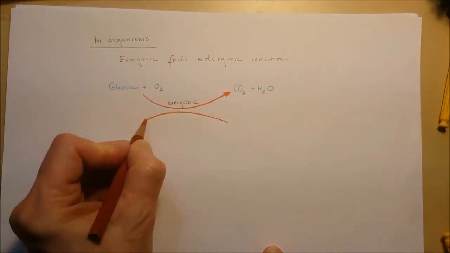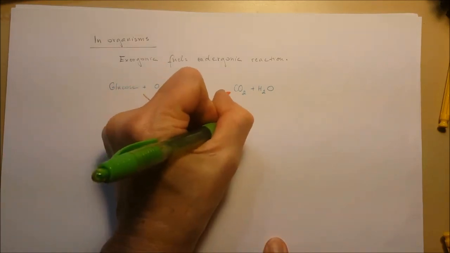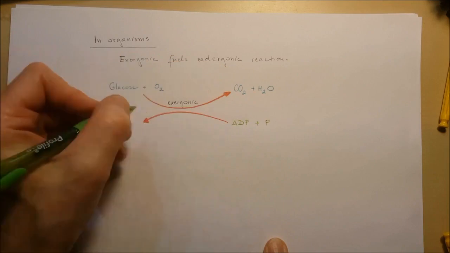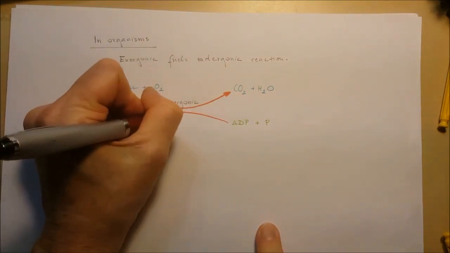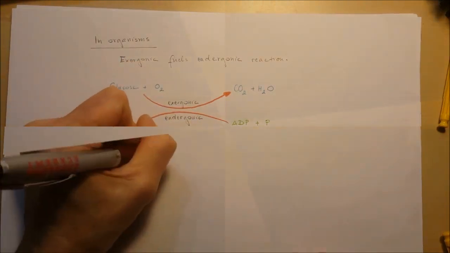This is an exergonic reaction that fuels the endergonic reaction when ADP and the phosphate group turn into ATP through a dehydration reaction.